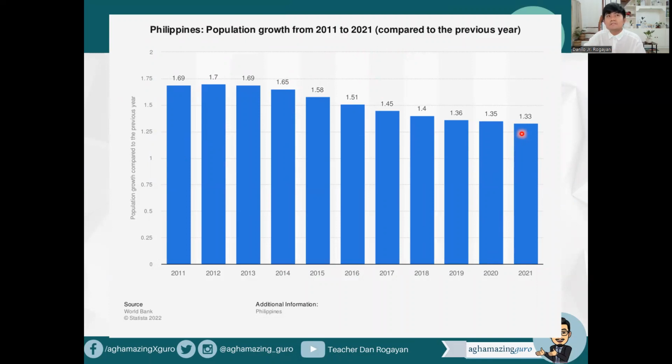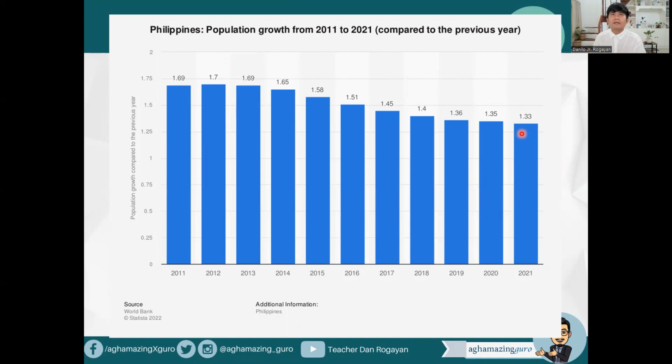Remember that the Philippines is one of the most populated countries in Asia. Based on the recent data, I think it ranked between 12 or 13 in the world. So, overpopulation may be one of the problems that could actually affect also our environment.